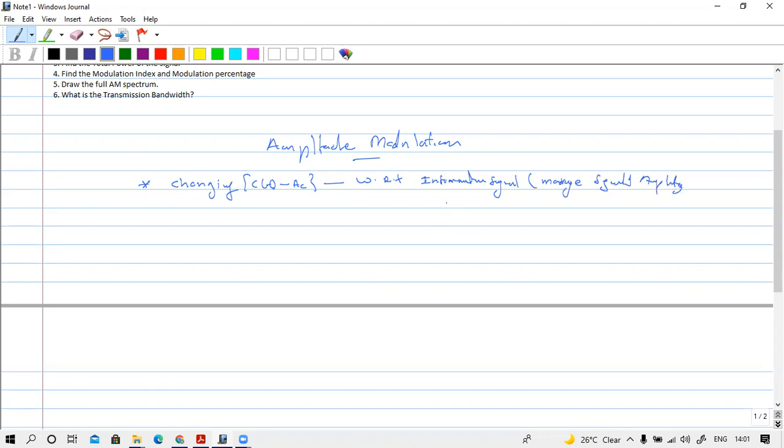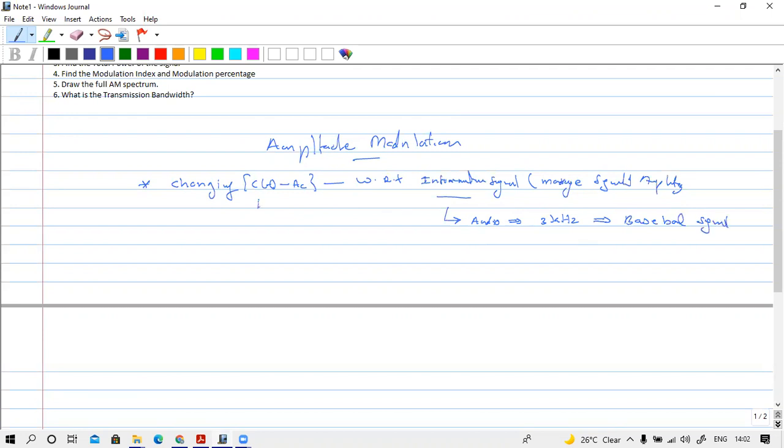Normally this information signal is a low frequency signal. Most probably it may be an audio signal, which is in the 3 kilohertz range. So this is a low frequency signal and we call it the baseband signal or message signal.